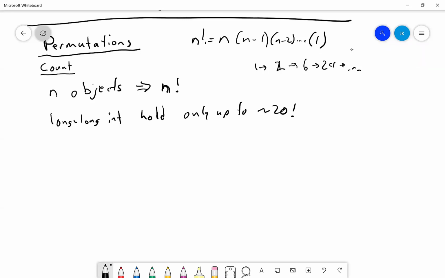The other thing that we will often run into is if you're asked to count permutations, you'll be asked to count them modulo some number. We're going to talk about modular arithmetic in the future, but the other way that this would come up, it might say, count the number of permutations of 100 items, and you can do that modulo some value.